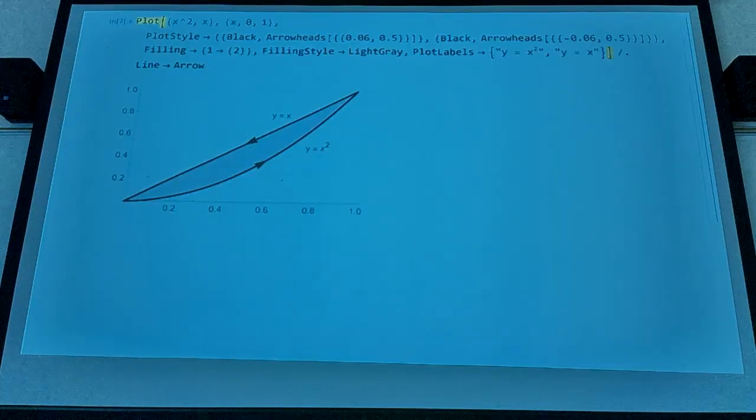Let's quickly save this. What medium is this?